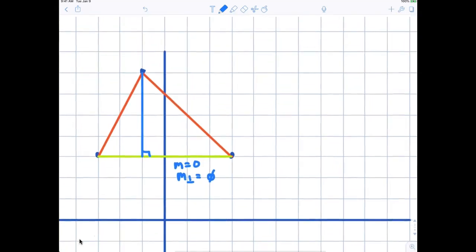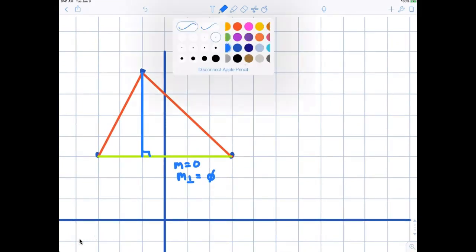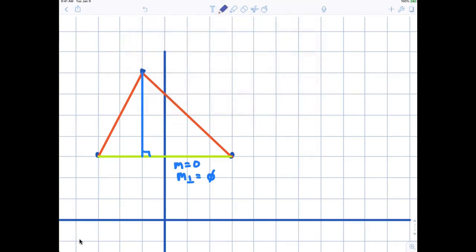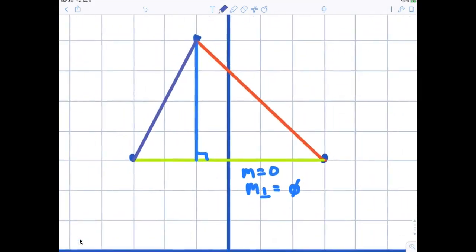Right now, I want you to tell me what the slope of that line is. Somebody who's not usually talking, join the class and tell me what the slope of that is.